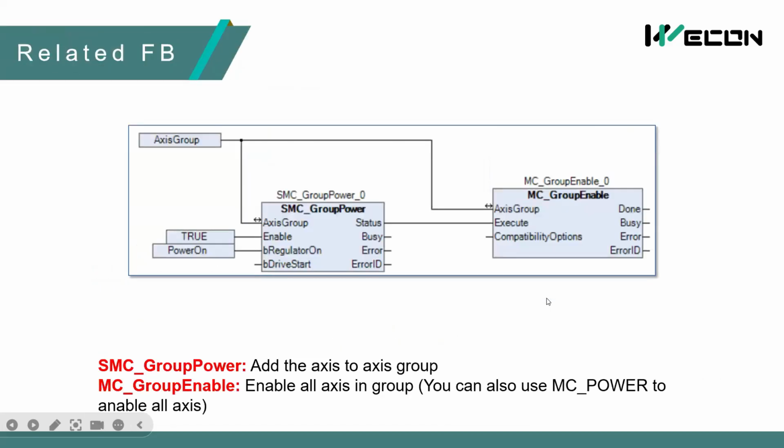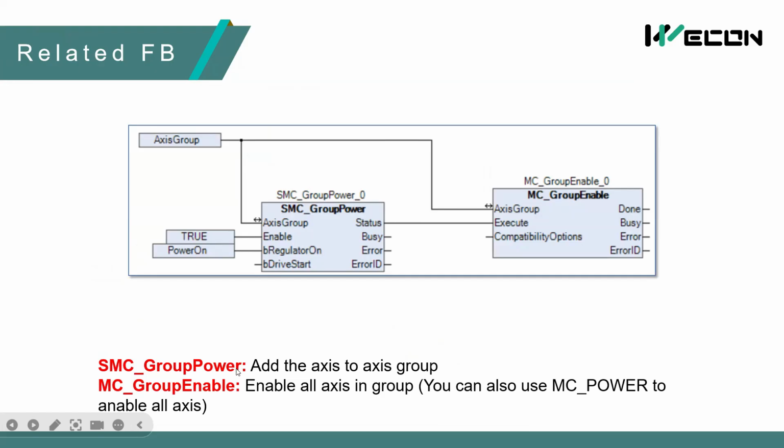Okay, and now let's have a view of some relative function blocks. First is this group power and group enable. Group power is used to add the axis to the axis group.